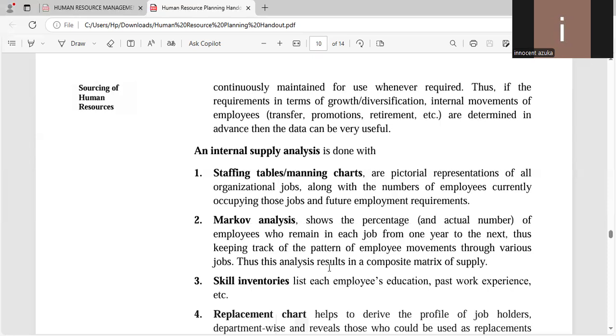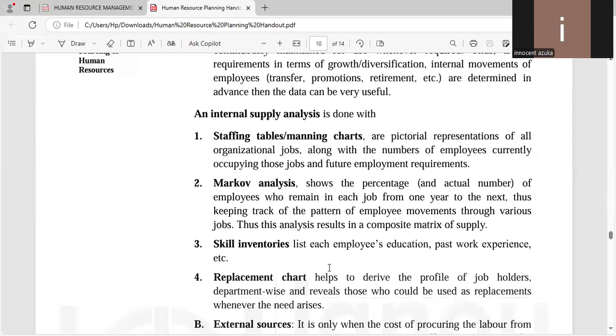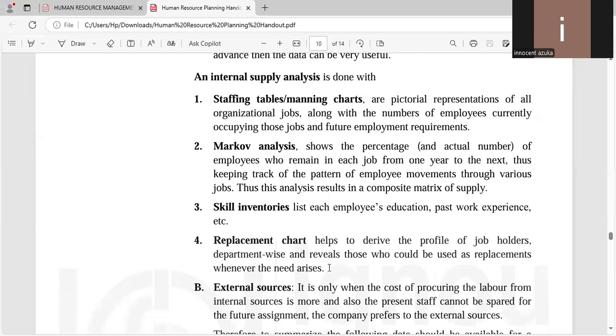So an internal supply analysis is done with a staffing table and Markov analysis. Markov analysis shows the percentage and actual number of employees who remain in each job from one year to the next, thus keeping track of the pattern of employee movement through various jobs. Thus, this analysis requires a composite matrix of supply.